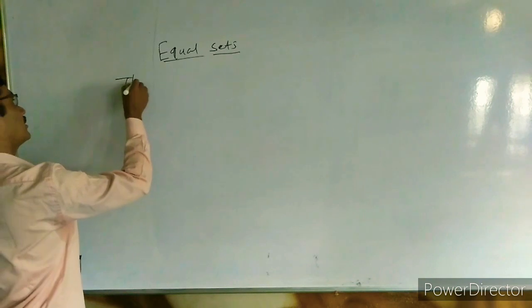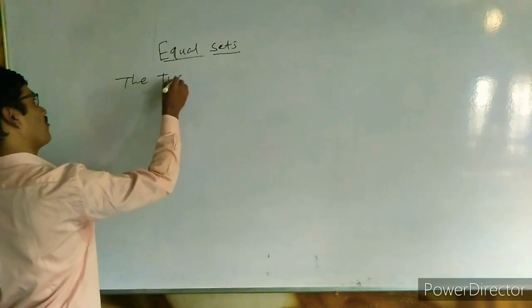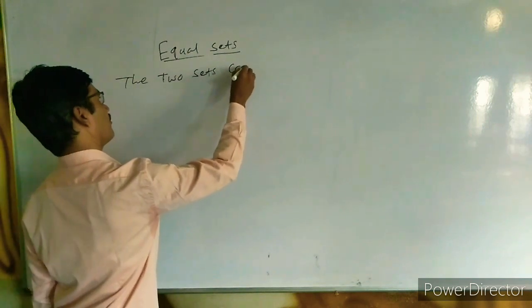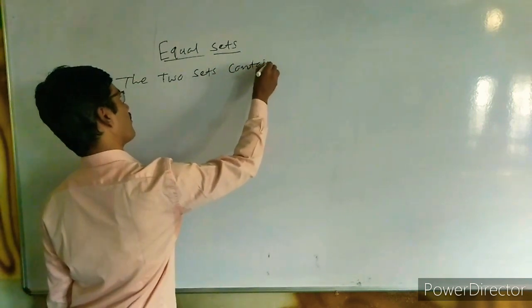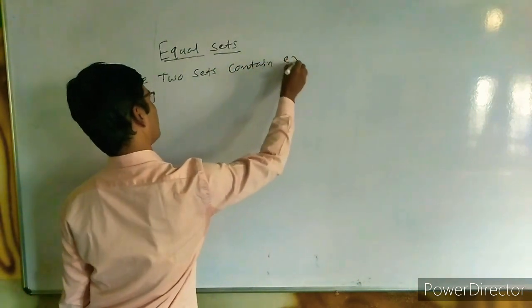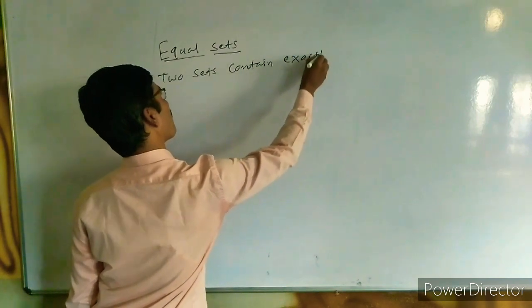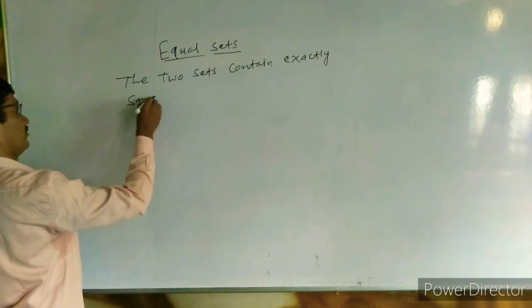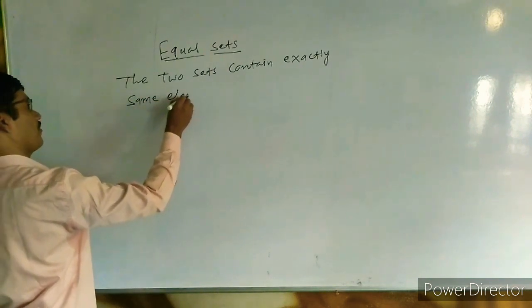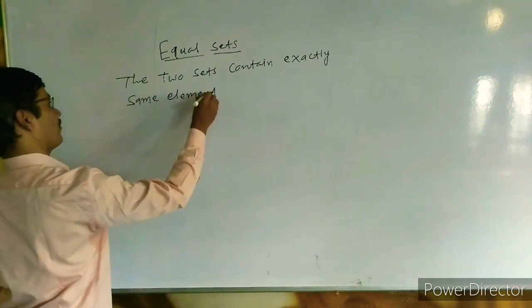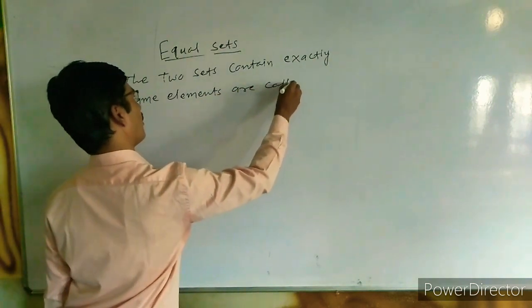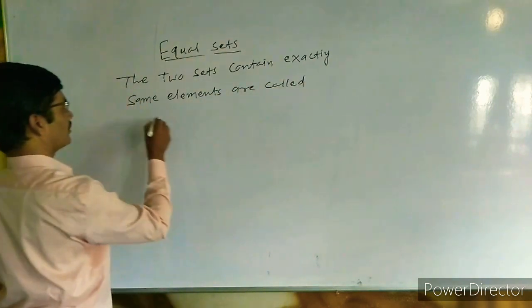The two sets which contain exactly same elements are called equal sets.